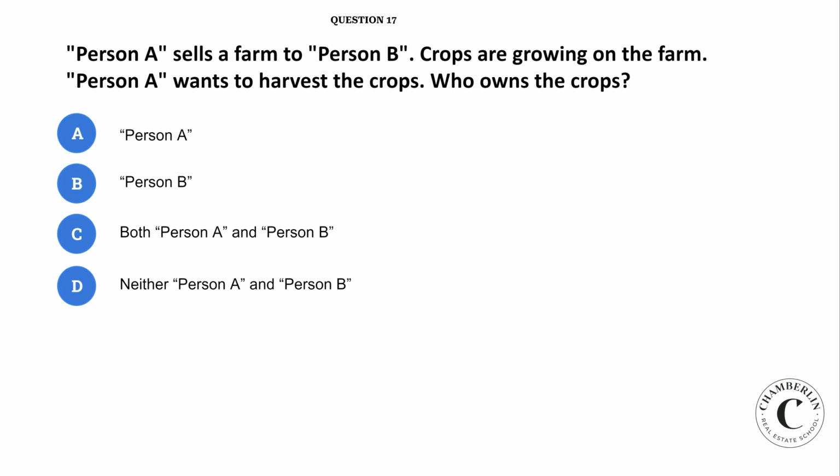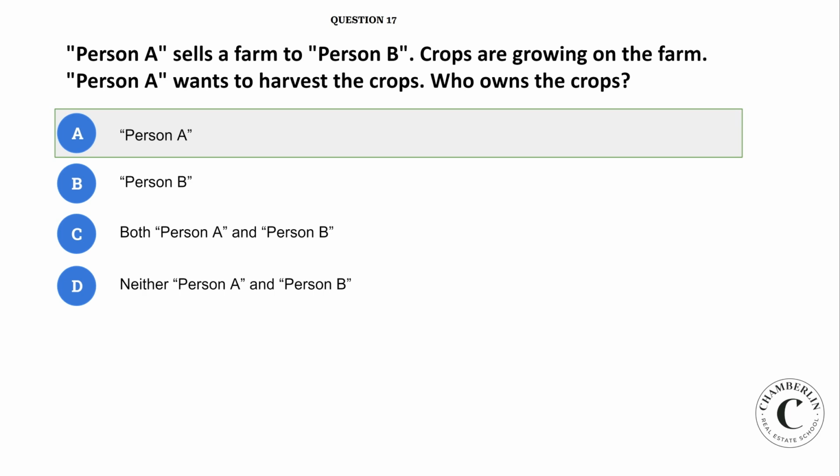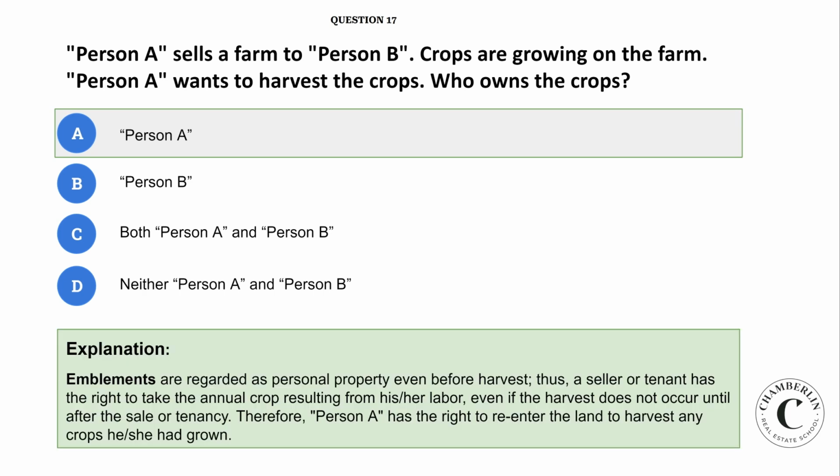Question 17. Person A sells a farm to person B. Crops are growing on the farm. Person A wants to harvest the crops. Who owns the crops? A. Person A. B. Person B. C. Both person A and person B. Or D. Neither person A or person B. And the answer is A. Emblements are regarded as personal property even before harvest.